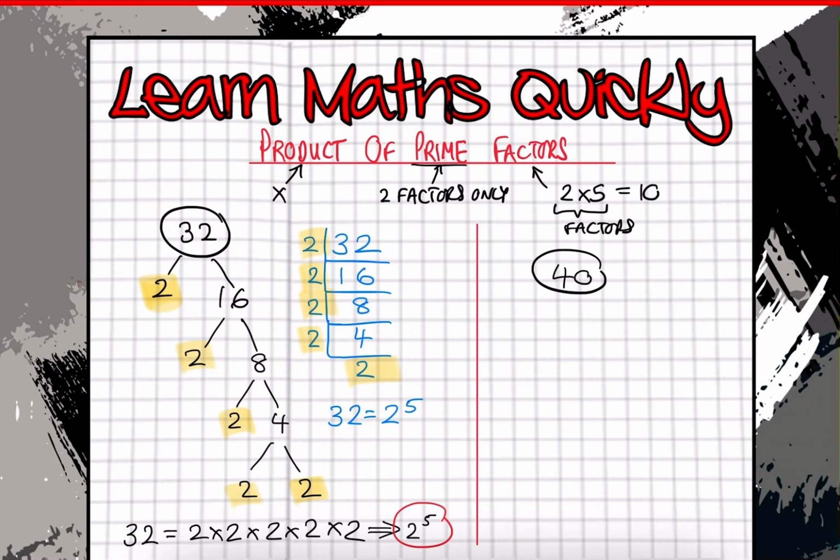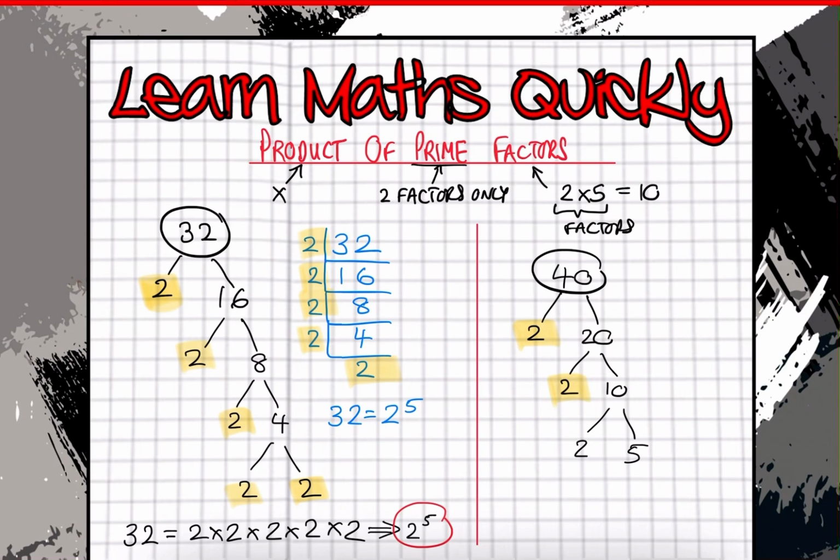Okay, let's go through it. So again, I'm going to do exactly the same. I'm going to do the two methods just like I did with 32. So 40 is even, so we've got 2 and we've got 20, and again we highlight our prime. Then we figure out what factors of 20 are, or 2 and 10. Again, we can highlight the prime, which is 2, and then we keep going. So 2 and 5.